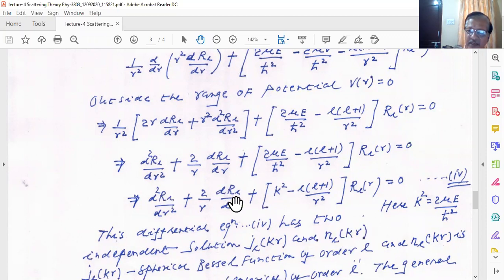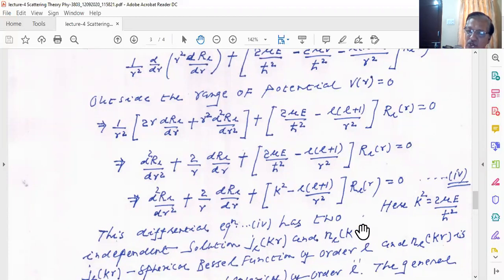So if you write the solutions of this equation, there will be one solution, RL equal to some constant A into JL of KR. And there is another solution, RL equal to some constant B into NL of KR.